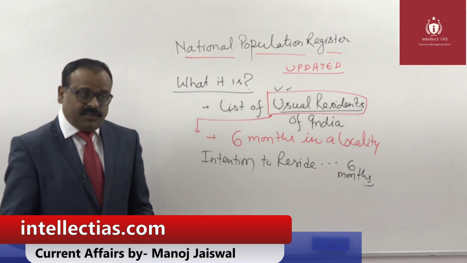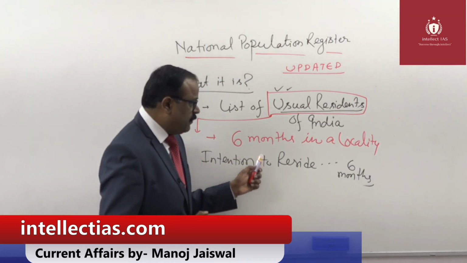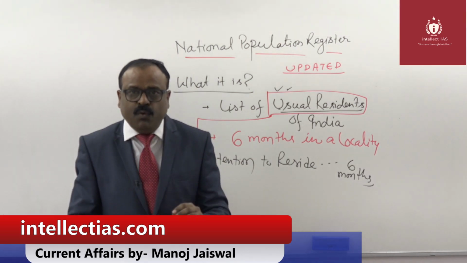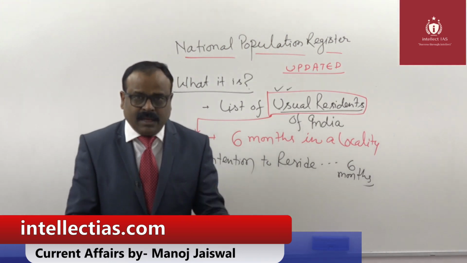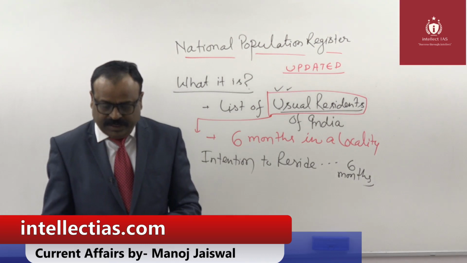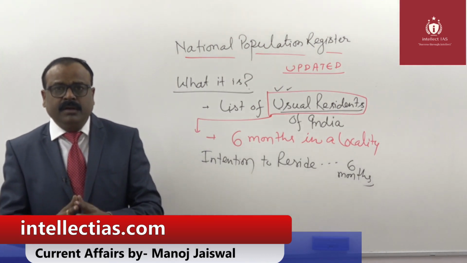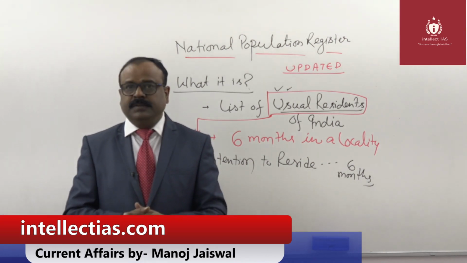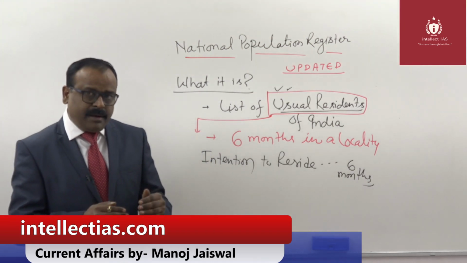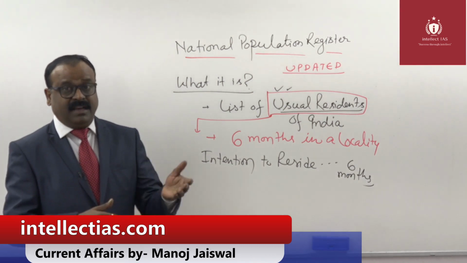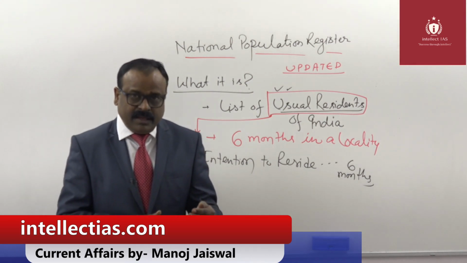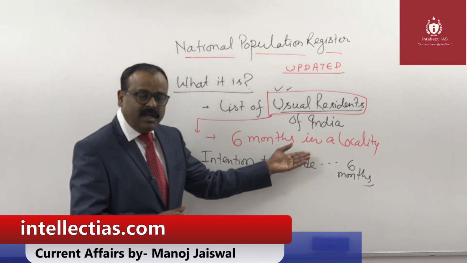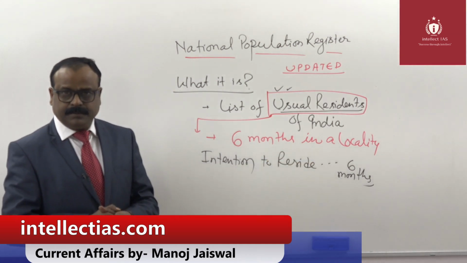So it is very clear with this definition of usual resident that any individual who is living or residing anywhere in the country, for example, the students, if you have shifted from your native place to any other place for the studies, for your preparation, then if you are residing in that particular place, for example in Delhi, from the last 6 months, then your name will come in this NPR as the usual resident of Delhi.